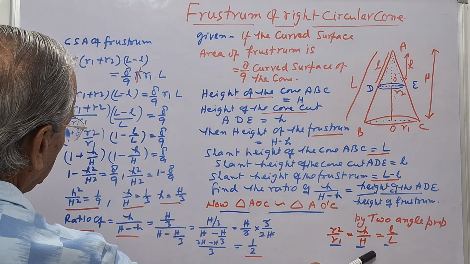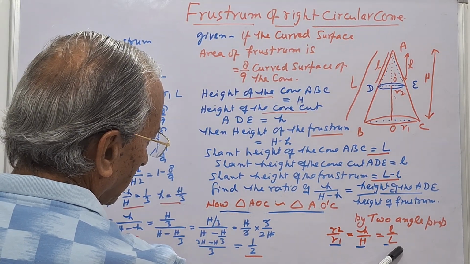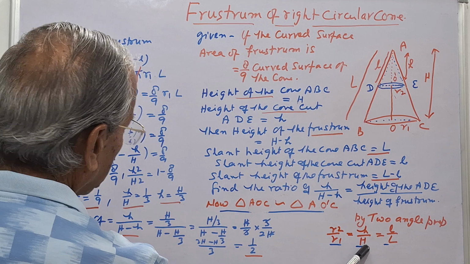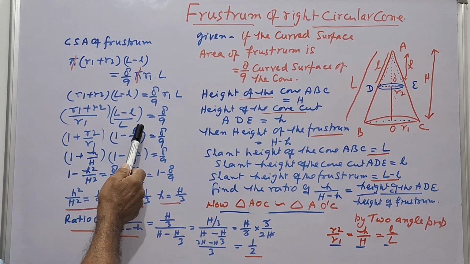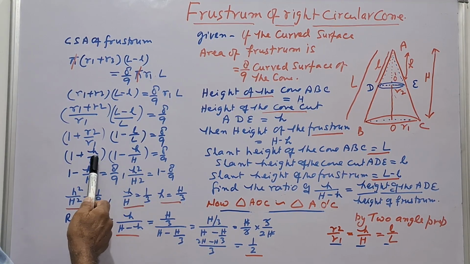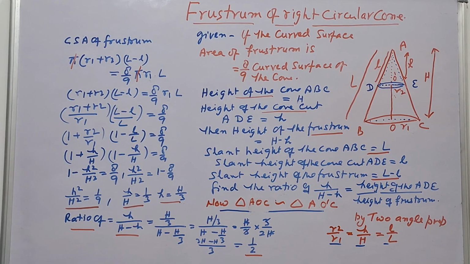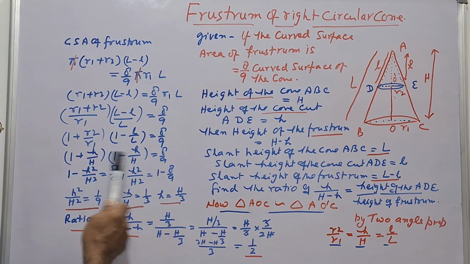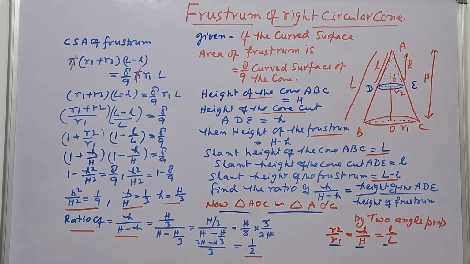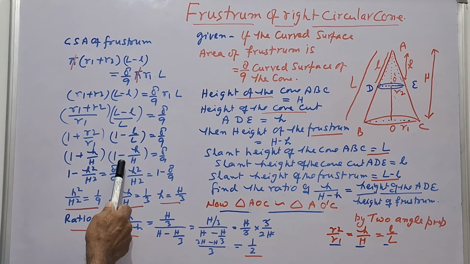Now from the similar triangles, R2 upon R1 and small l upon capital L are equal to small h upon capital H. So putting the value of R2 upon R1 and small l upon capital L as small h upon capital H, now we see 1 plus small h upon capital H into 1 minus small h upon capital H becomes the a square minus b square form. That is 1 minus h square upon H square is equal to 8/9.